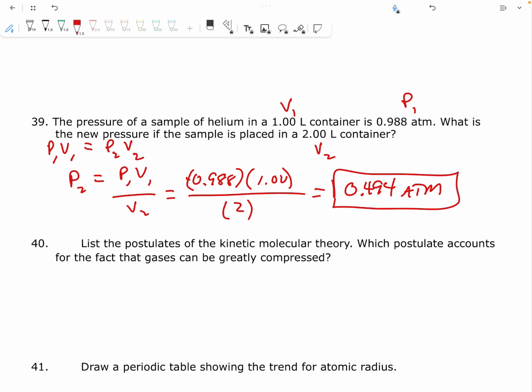Listing the postulates of the kinetic molecular theory. Which postulate accounts for the fact that gases can be greatly compressed? Well, particles of a gas are in constant random motion.